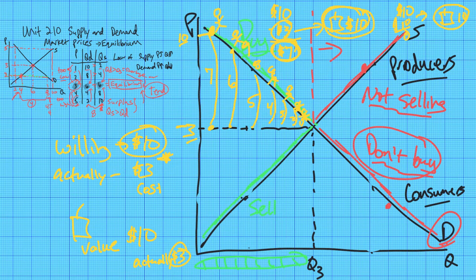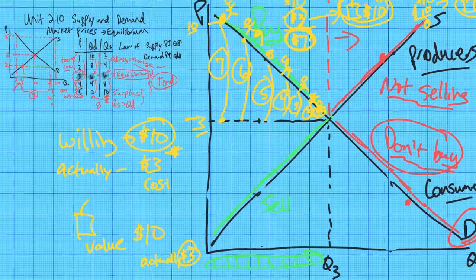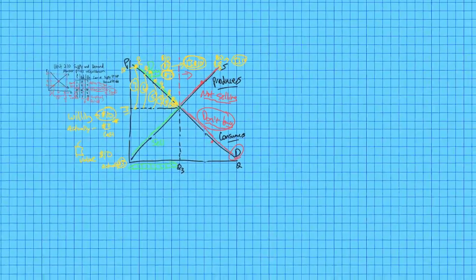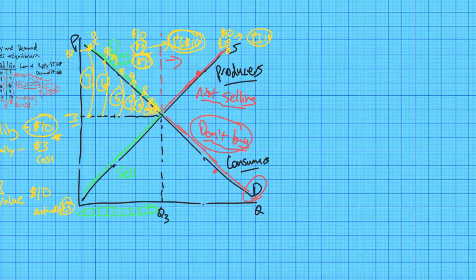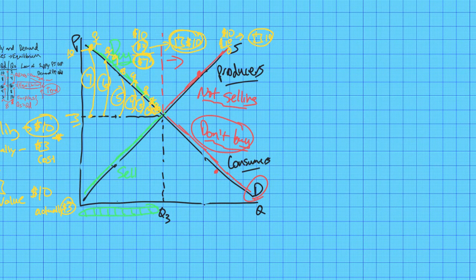So you have all of these individual consumers that have consumer surplus. And what we can do is total all of these things up. We can add them all together to get what we call total consumer surplus. So if we look at total consumer surplus, by adding all of these up, we're finding the area of this triangle right here that's being highlighted.